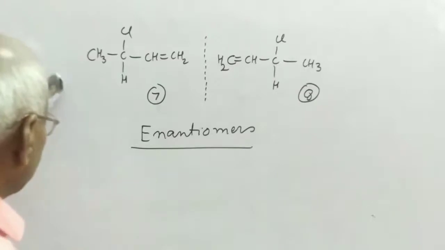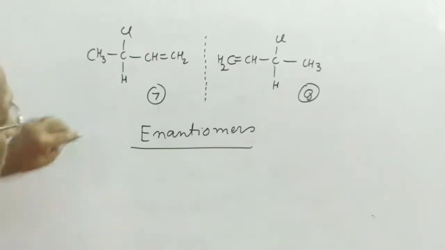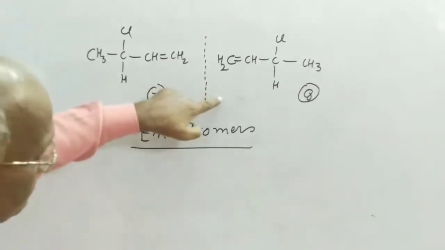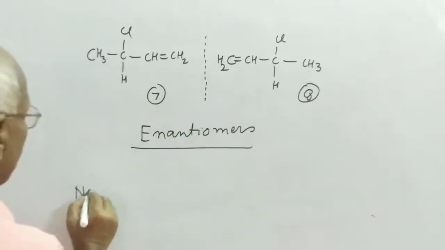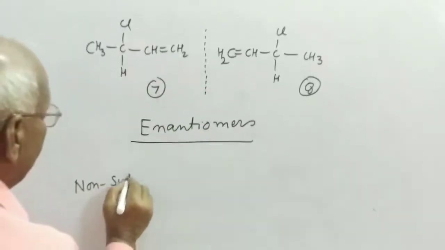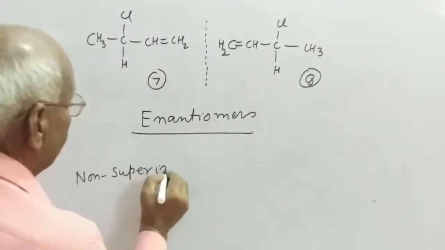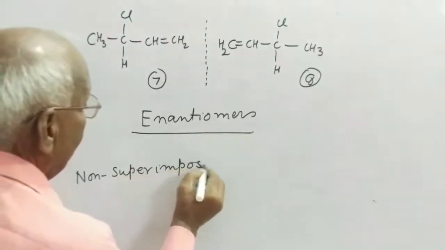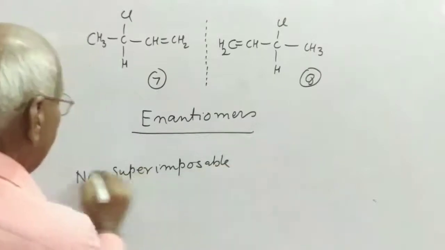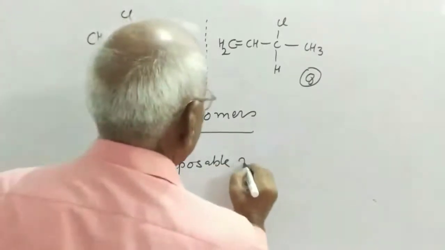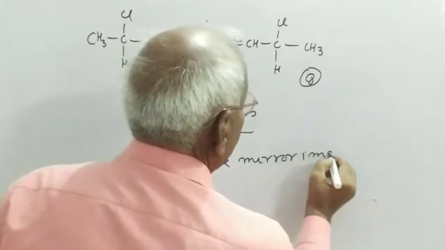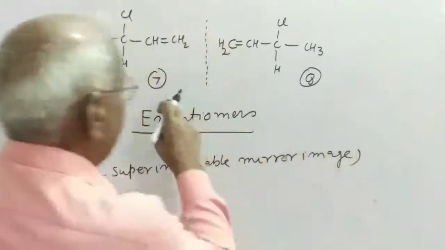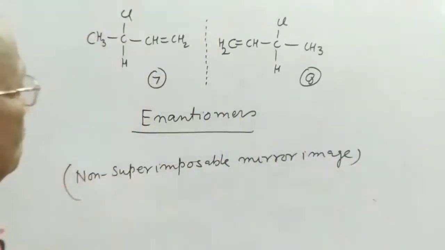So enantiomers are those optical isomers which are related as object and mirror image, but they are non-superimposable. So 7 and 8 both are optical isomers.